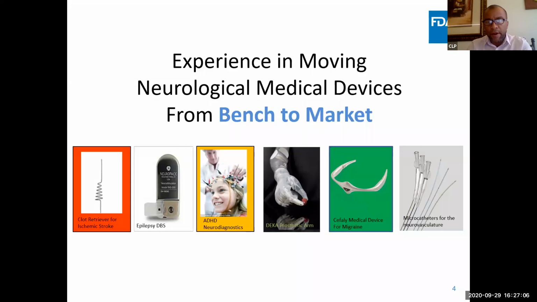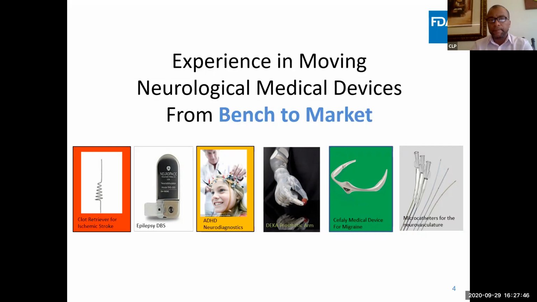Here I show you an array of products with neurological indications, beginning with neurothrombectomy devices, to epilepsy, deep brain stimulation, neurodiagnostics, to prosthetics, to therapeutic devices for migraine, pain, and microcatheters for the neurovasculature during neurosurgery. Goal is not to discuss individual data in support of each device, but share with you that each device went through a regulatory path that was in part tailored to the individual risk and benefit profile of the device. And I'm going to come back to this later in the presentation. We take this approach of tailoring our reviews for pain devices, and I'll come back to that as well.